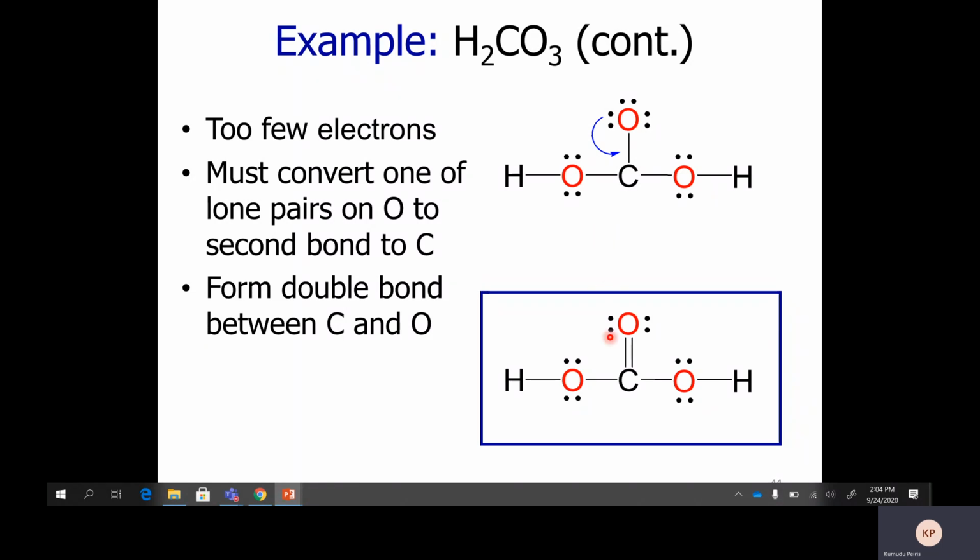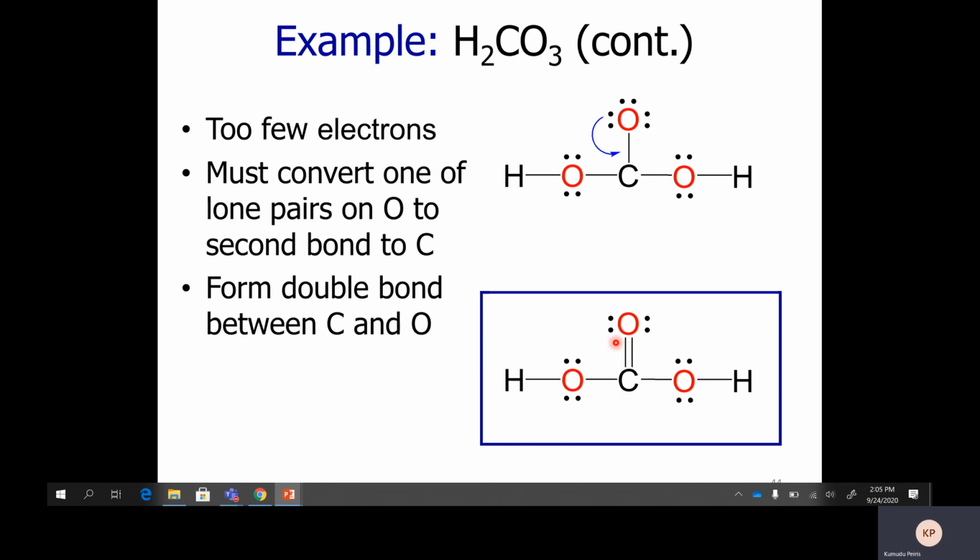So here is the final structure for this H2CO3 molecule. If we count the electrons around this central atom now, we get 1, 2, 3, 4, 5, 6, 7, 8. So we have 8 electrons on the central atom.